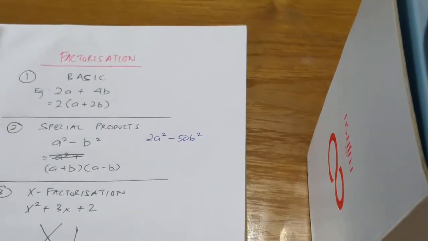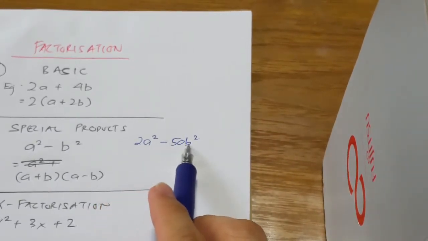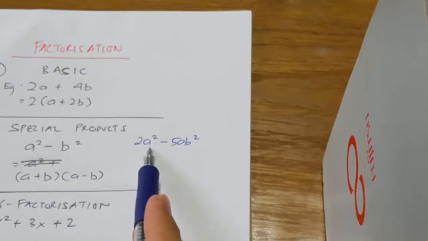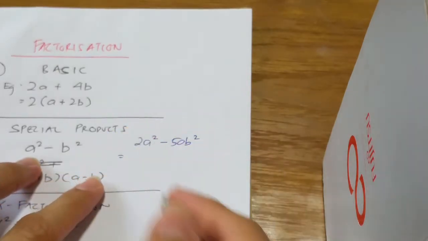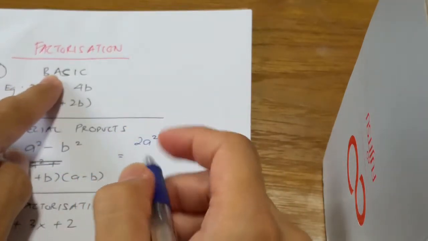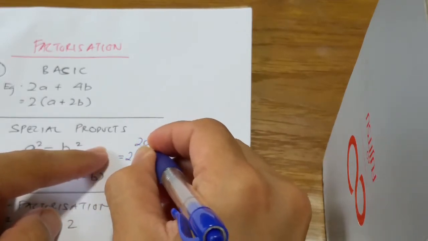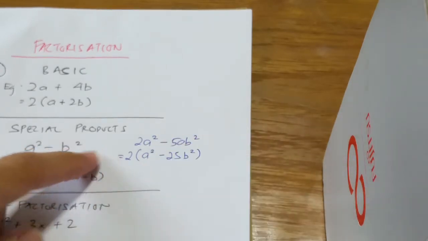Let me zoom in. So you have 2a square minus 50b square, and if you only know your special products, you will not be able to factorize this directly. So what you need to do first is basic factorization, take out the common factor, which is 2, and you will have 2 bracket a square minus 25b square.